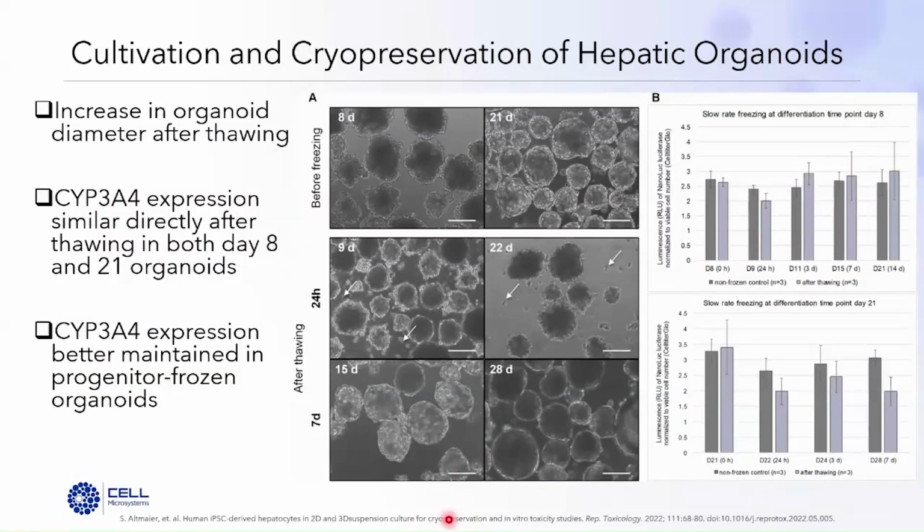Using that nanoluciferase reporter, they looked at CYP3A4 expression, and for both organoid types, the day 21 down here on the bottom and day 8, they had a similar expression of CYP3A4 immediately after recovery. However, the day 8 organoids showed a more similar and consistent profile of CYP3A4 expression as they were further differentiated compared to the day 21.